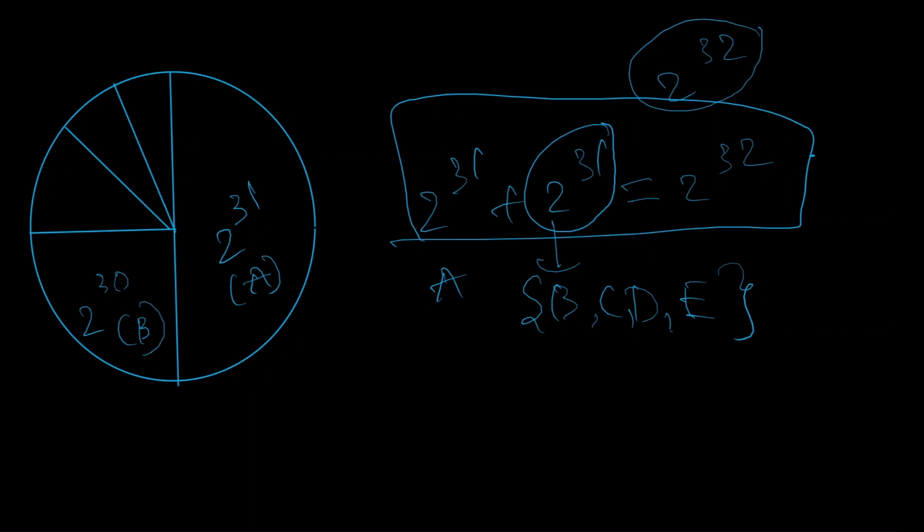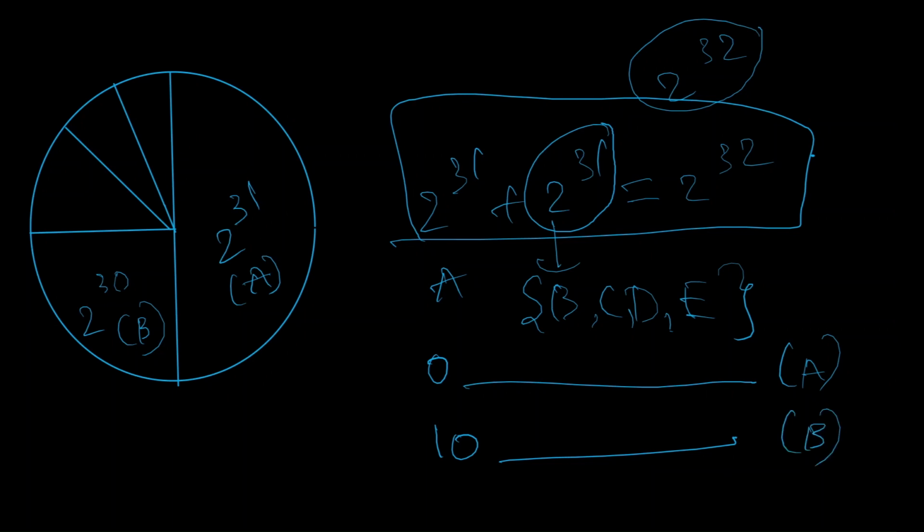So if it starts with 0 followed by anything, this is A. If it starts with 1 0 followed by anything, this is B. And now this is 2 power 30, and this remaining would be 2 power 30, and let's assume this line divides this into two halves, so this would be 2 power 29 and the remaining would be 2 power 29.